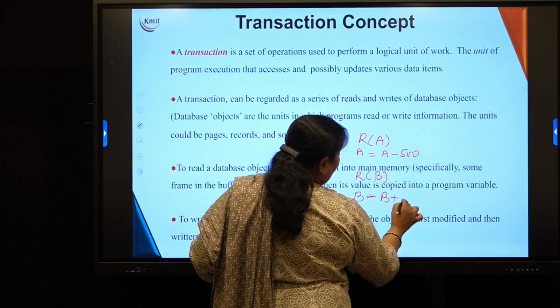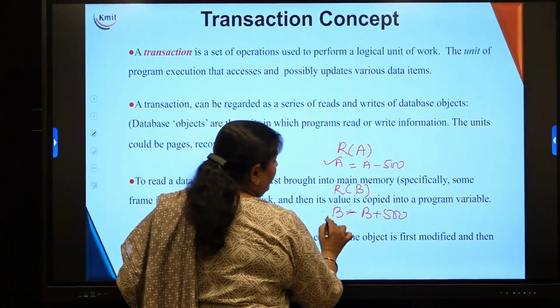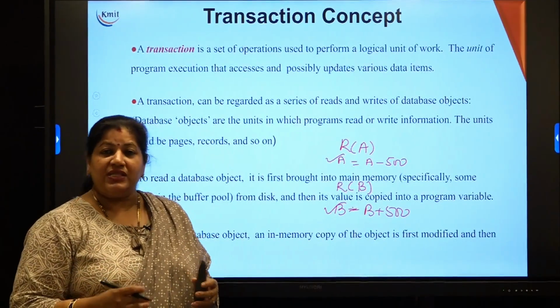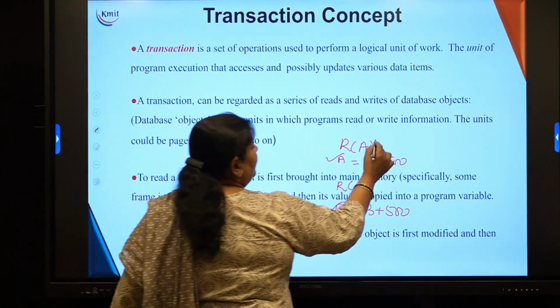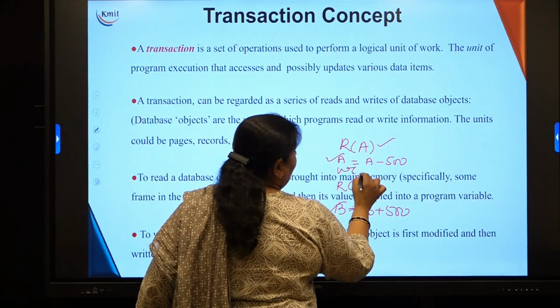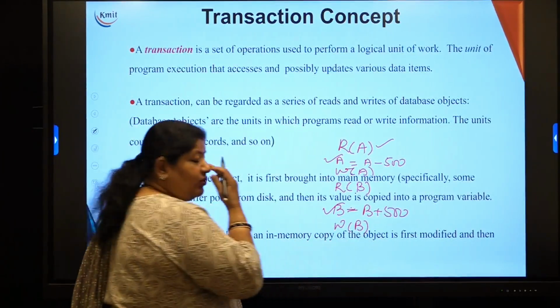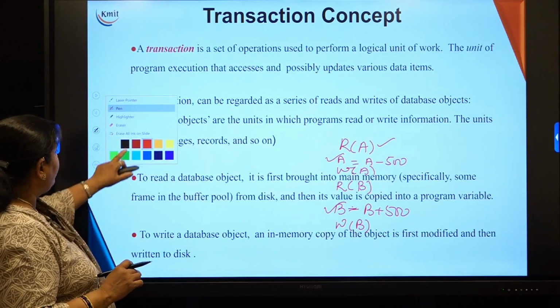B equal to B plus 500. Now, these arithmetic operators in between are the intermediary actions, but what is mainly affecting the database is the read and write operation. Here I will write it back and here also I will write it back. So, this is the series of read and write operations that we are performing.